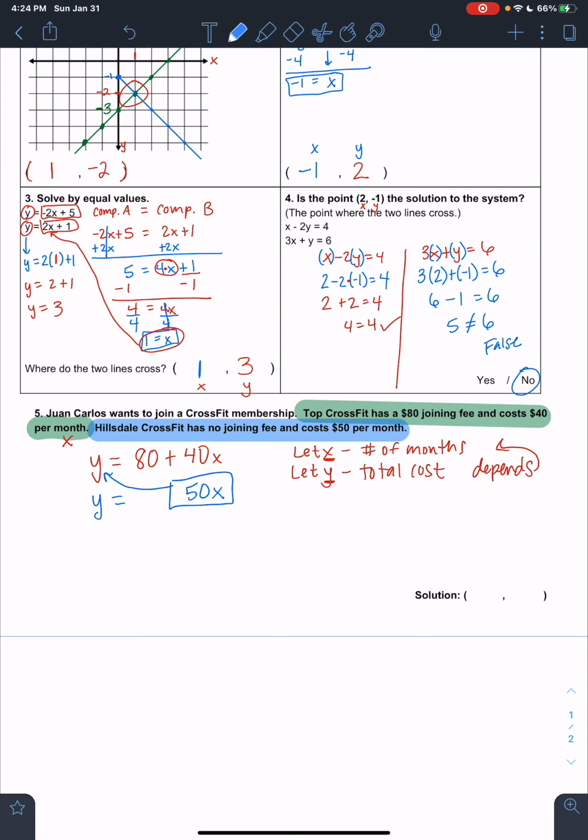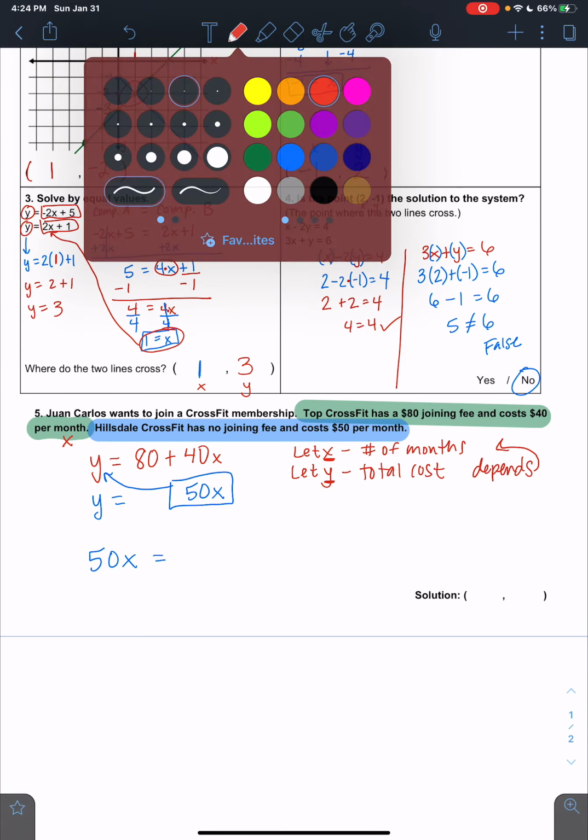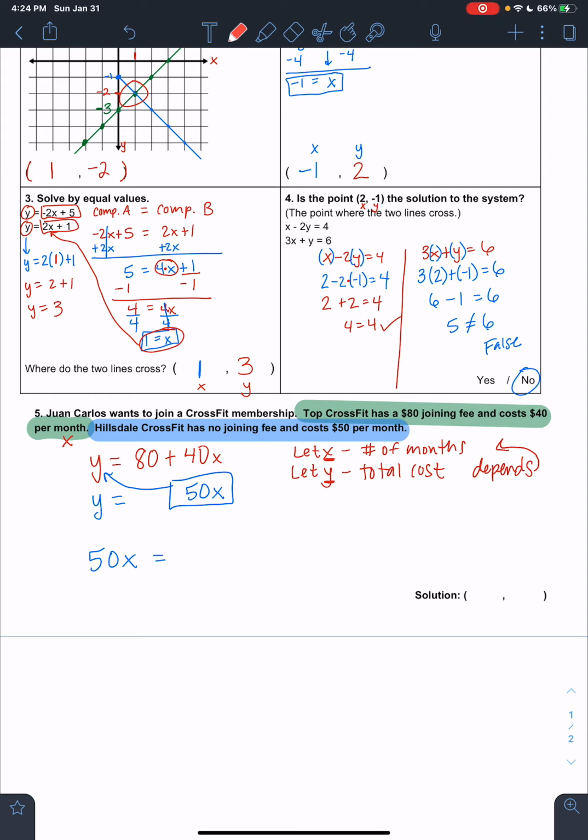What I'm really asking is, when does Hillsdale at $50 a month equal Top CrossFit at $40 a month plus $80? One has a more expensive monthly fee, but no startup fee. So when we solve, we subtract 40X. What's the difference in the two memberships per month?